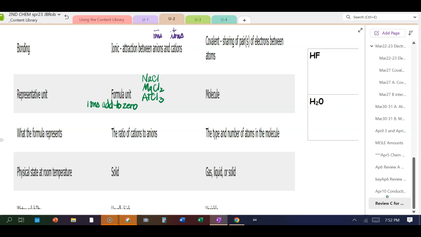All right? The formula unit here is the molecule. It's the molecule, like CH4, like C12H22O11, like H2O.